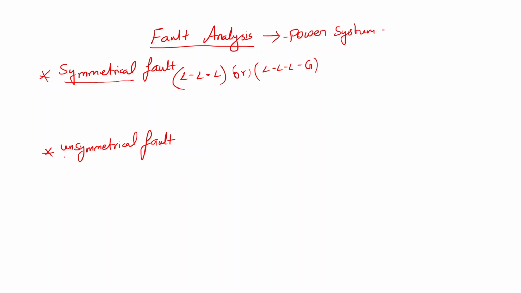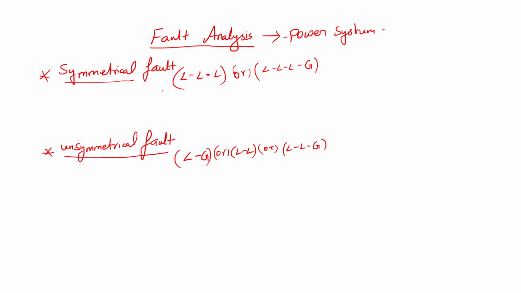In an unsymmetrical fault, the fault will be like this: maybe single line to ground, or two lines shorted, or two lines with ground. If a fault occurs like this, we call it an unsymmetrical fault.